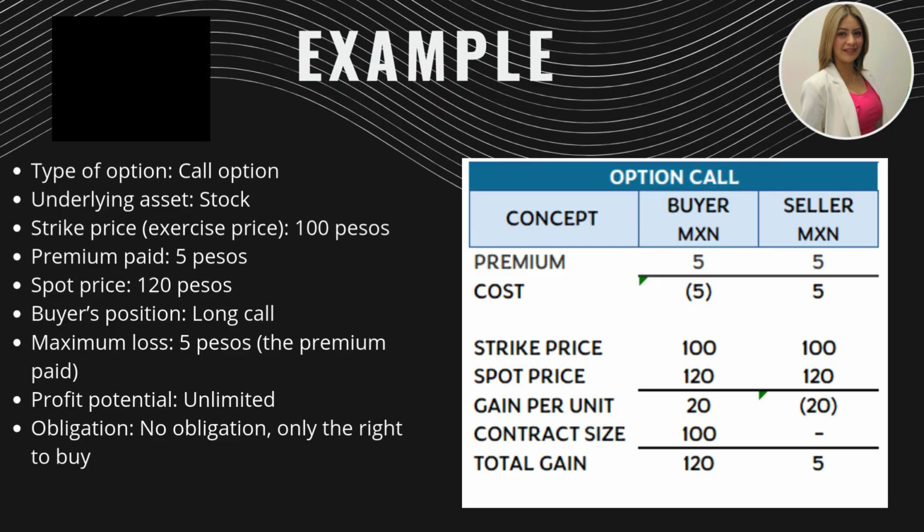Now, at expiration, the spot price of the stock is 120 pesos, which is above the strike price. Because of this, the option is in the money and the buyer decides to exercise the option. The gain per unit is calculated as the difference between the spot price and the strike price: 120 minus 100 equals 20 pesos per share.